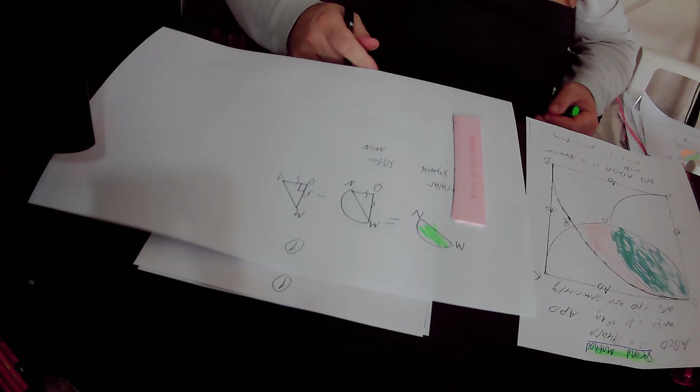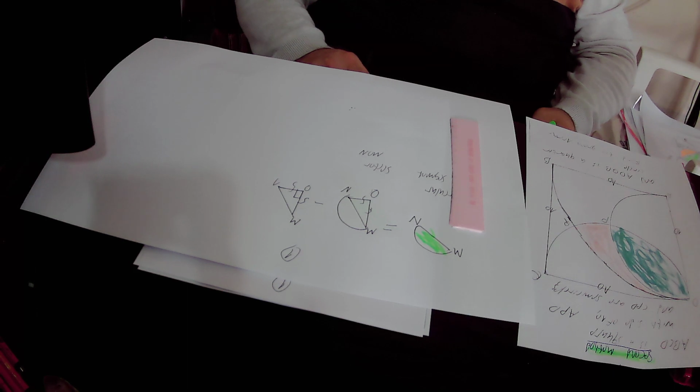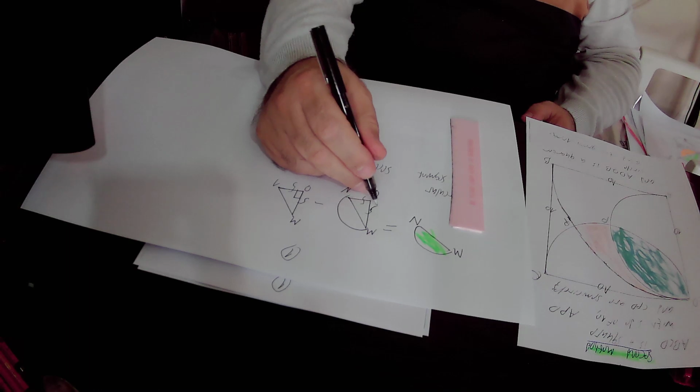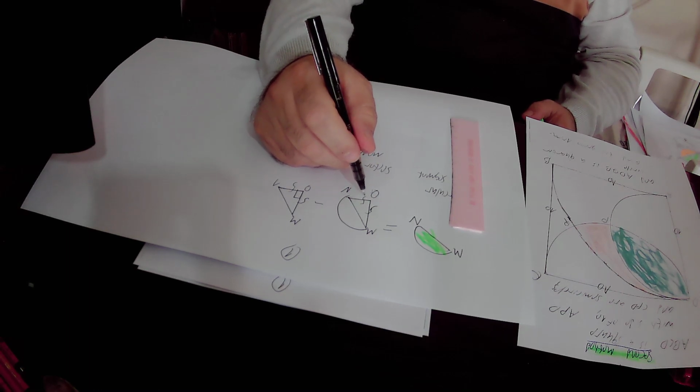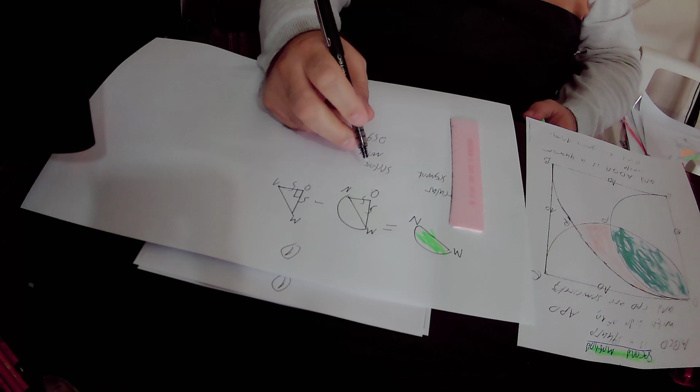And the area of sector MON, actually sector MON is a quarter circle, and the area of any quarter circle equals the area of the circle over 4. The area of the circle with radius 5 is pi times 5 squared, that is 25 pi. If we divide it by 4, we get the area of the quarter circle.